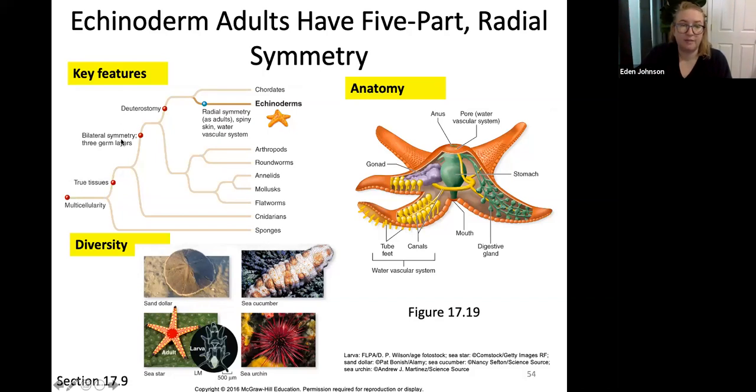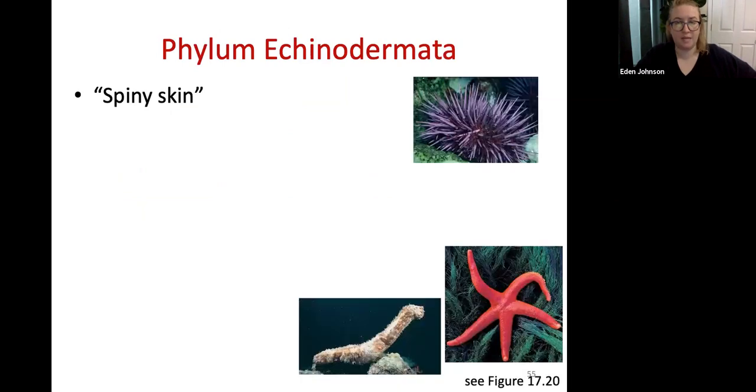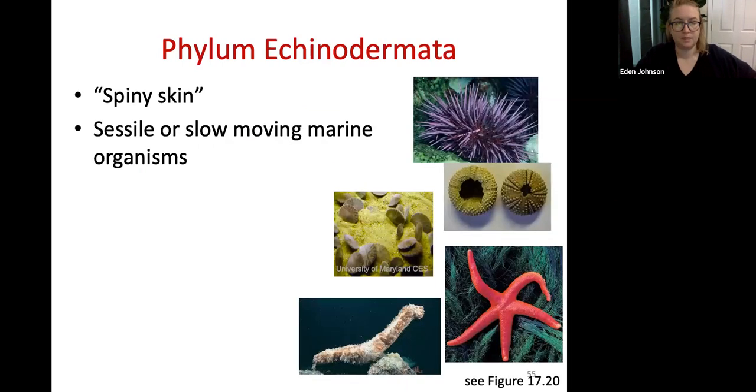They are bilaterally symmetrical in the larval stage. It has 3 germ layers, et cetera. Here are the key features. Some characteristics: spiny skin, sessile or slow-moving marine organisms.